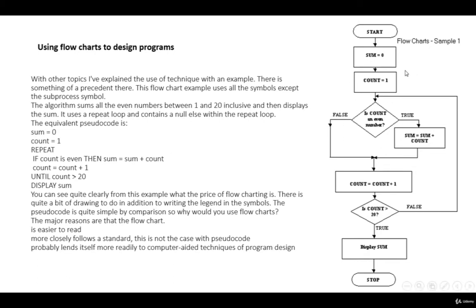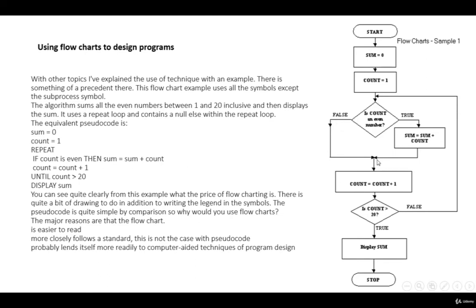For example, in this flowchart, you start and make variables: sum equals 0 and count equals 1. Decision: is count an even number? If true, you add the count to the summation, sum equals sum plus count, that means add the count to the sum every time.